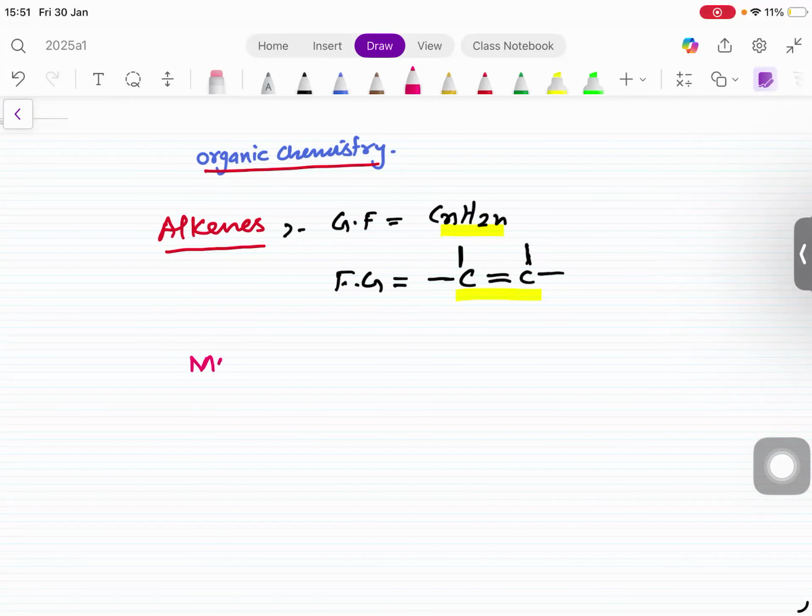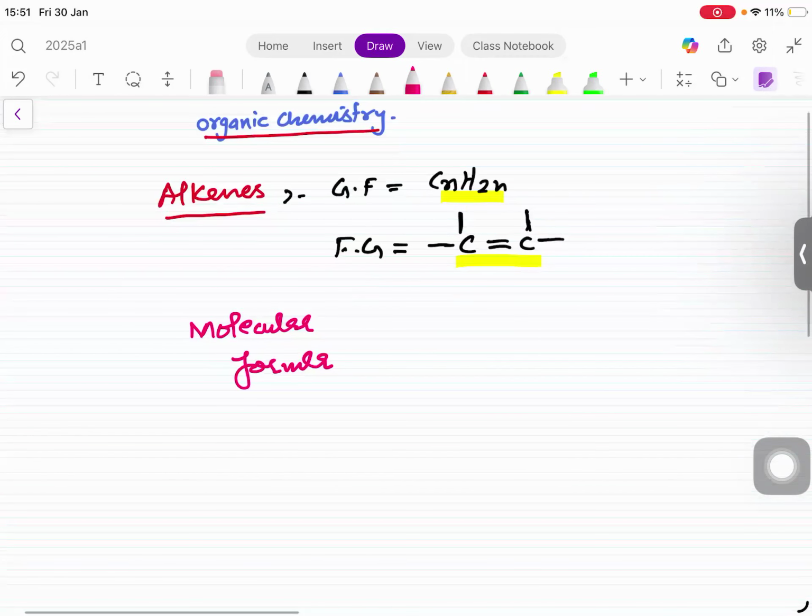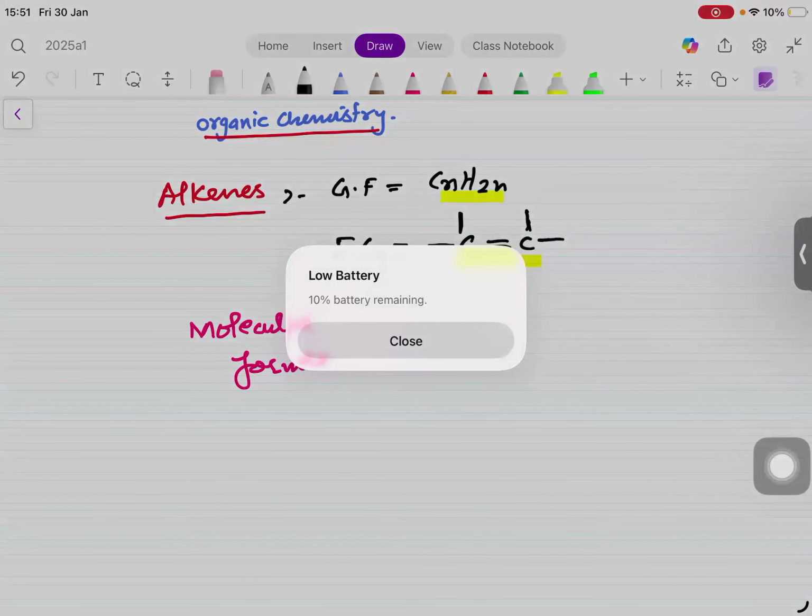If you look at the molecular formula, please pay attention. The first member, as they need to have carbon-carbon double bond. So the first member of alkene, what do you think? They can't be one carbon. Otherwise, all the member compounds have one carbon as a first member.